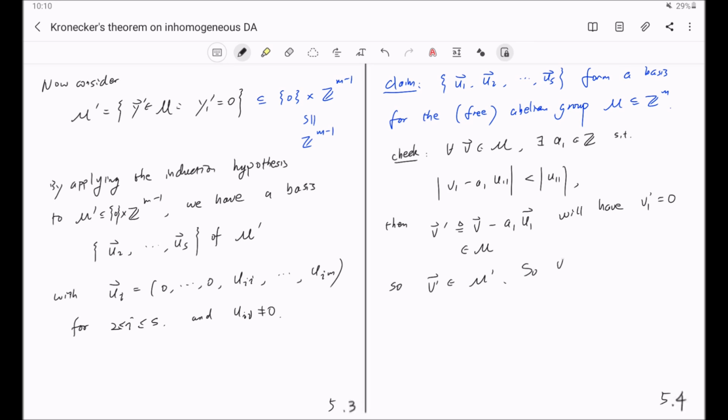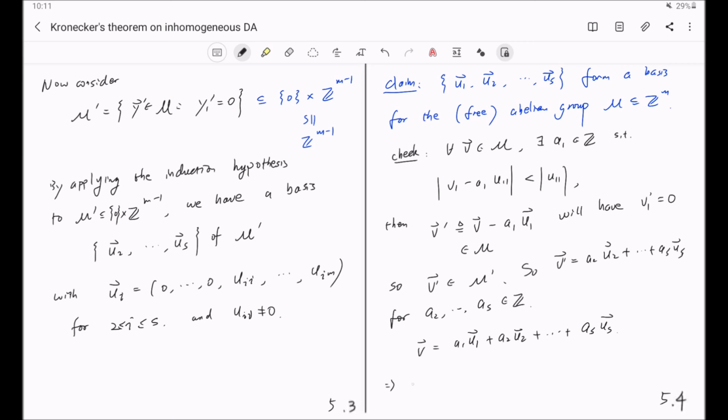So this v prime can be expressed as the summation a2u2 plus dot dot dot plus asus for a2 through as in Z. And this is same as saying that v can be written as a1u1 plus a2u2 plus dot dot dot plus asus.